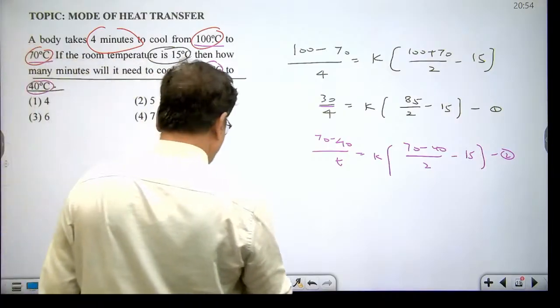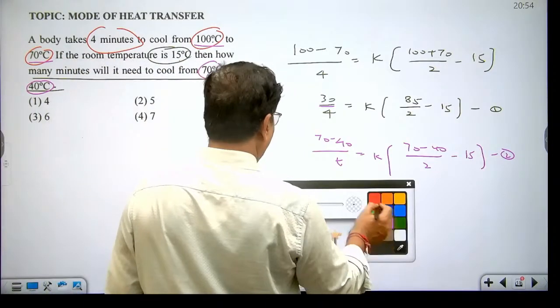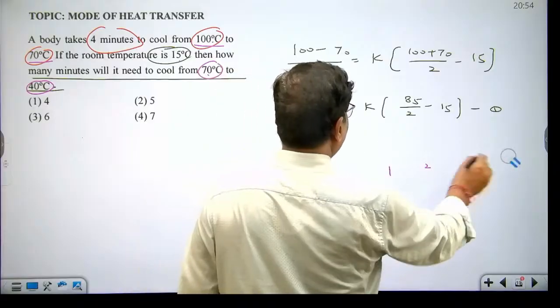Then what you have to do? You have to apply the exact method. What is that exact method? That I am telling you.